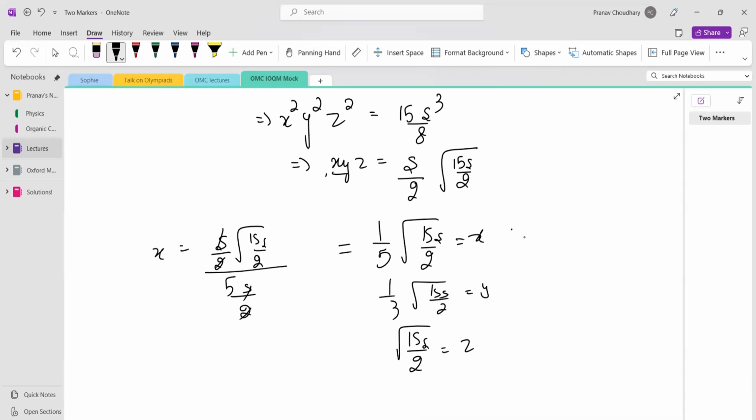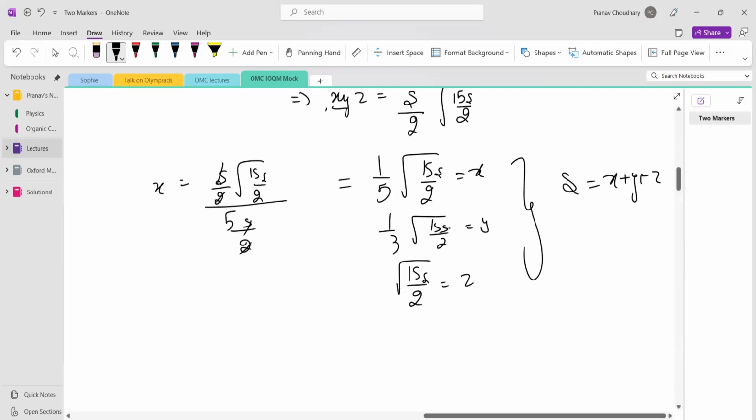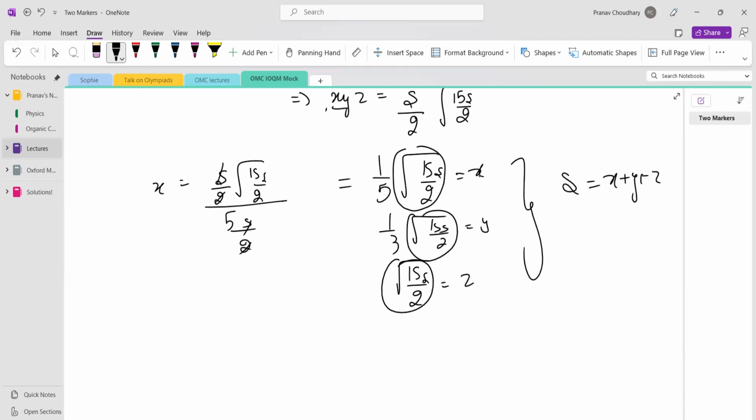Now, you still have an s. Do not forget that. What was s? It was x plus y plus z. Basically, you see that this term is in all three things. So if we add them, we can take this out common, and we get under root x plus y plus z on the LHS, but x plus y plus z on the other side also. So we get under root 15 x plus y plus z over 2 times 1 by 5 plus 1 by 3 plus 1 equals x plus y plus z.